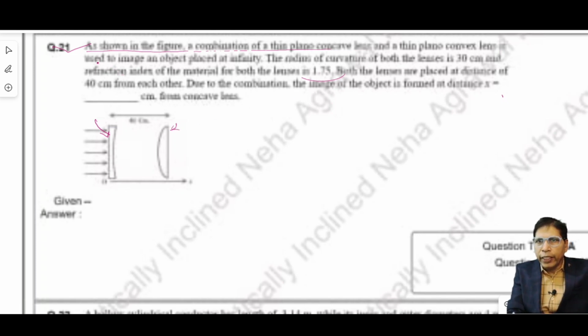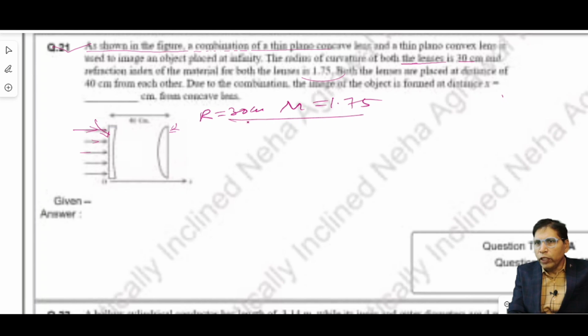These are the parallel rays incident on it. The radius of curvature of both the lenses is 30 centimeter. R is equal to 30 centimeter. Mu is equal to 1.75.